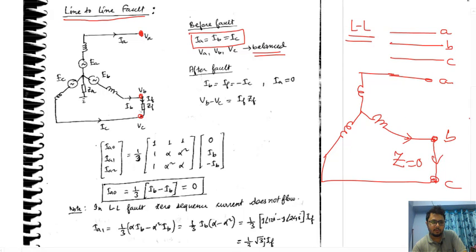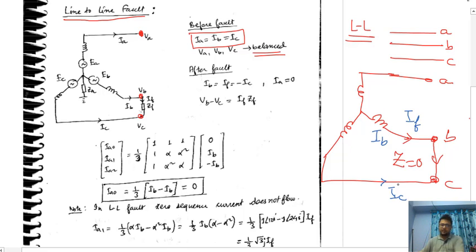Let me write with the blue pen. Here IB was flowing and here IC was flowing. This IB and IC is equal to the fault current.